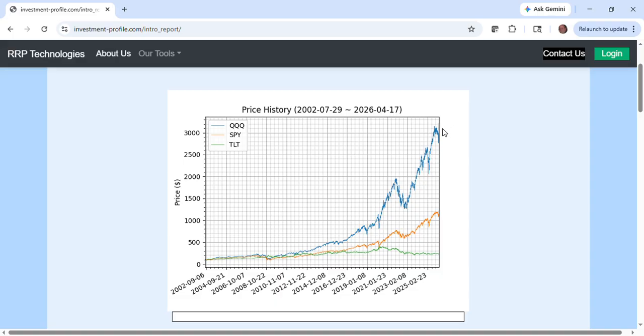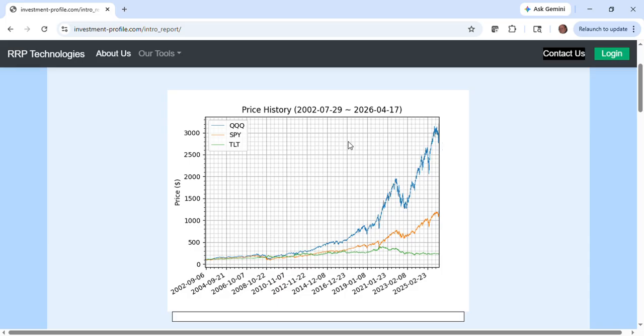Now, these prices have been scaled in such a way that each one of the ticker symbols begins at a price of 100. And because they're all scaled in this way, it gives you a way to make a fair comparison between the ticker symbols in terms of performance.